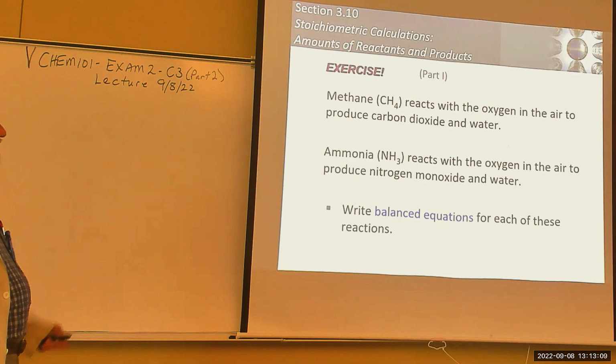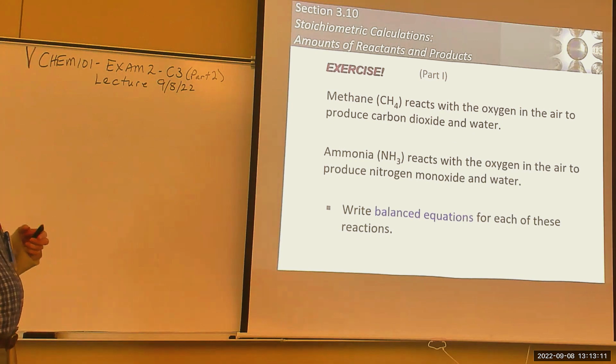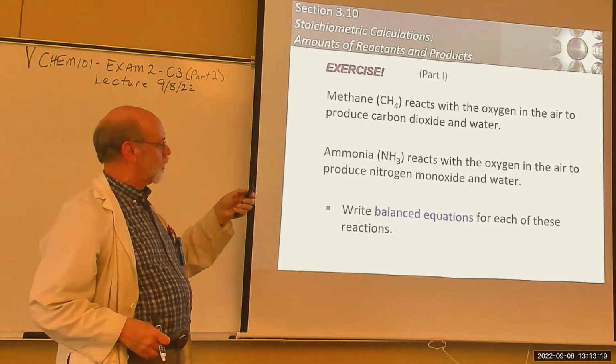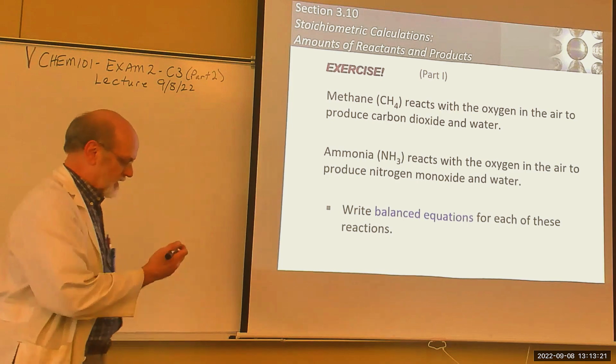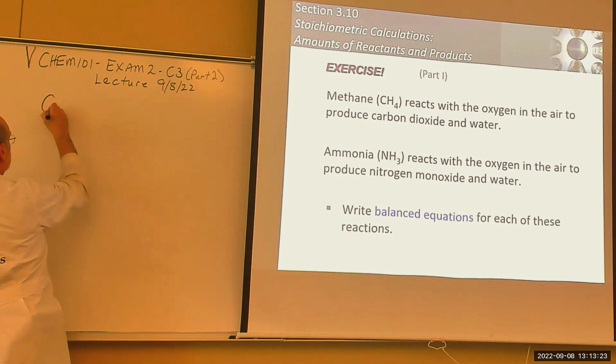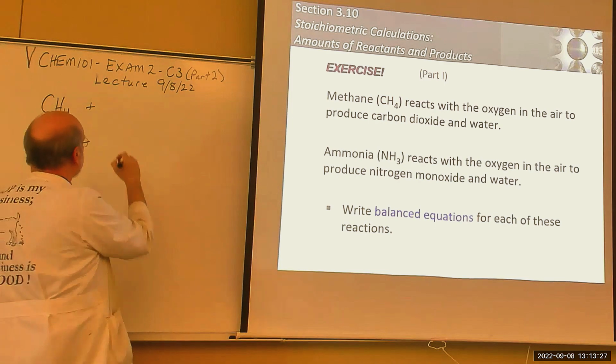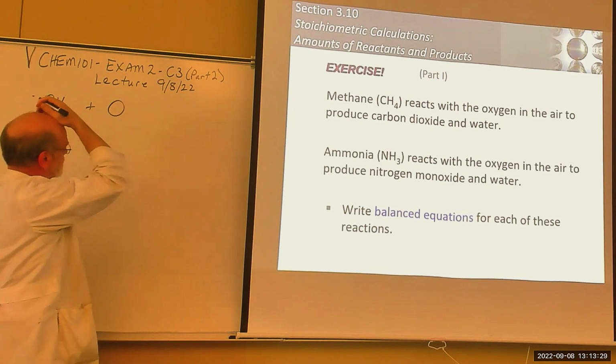Okay. Methane reacts with oxygen and air to produce carbon dioxide and water. How do we write that? Well, since we haven't talked about organic compounds, we're giving you the formula right here for methane. So we have CH4 reacts with oxygen.